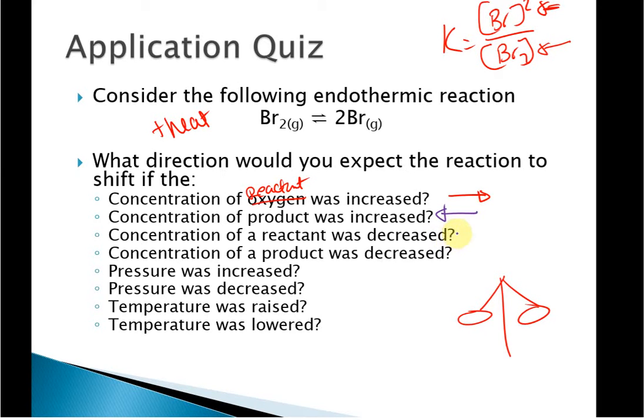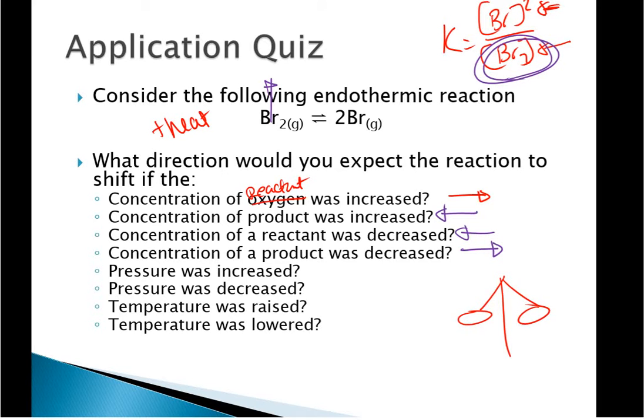So if you decrease reactant, you take some of this out, you've lost some of this bottom, so you're going to try and make more. So we are going to shift to the left to make more reactant so that that ratio is again the same. You decrease product, you're going to want to increase product. The idea being you have to go back to those original concentrations.